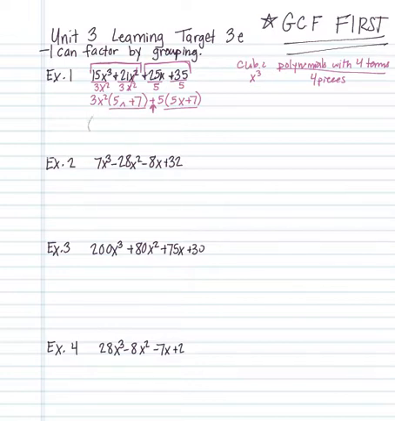So this is where people get confused. We're going to take this factor out of each term. So if I take a 5x plus 7 out, then I would have left 3x squared from the first piece and a plus 5 from the second piece.